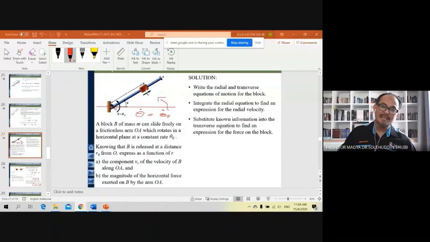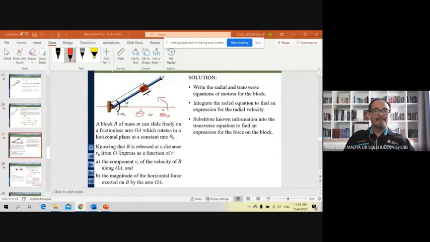At this instant, this is upward and this is downward. As we rotate this arm, it's going to go in this direction, which is upward.